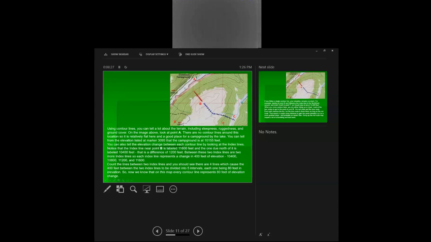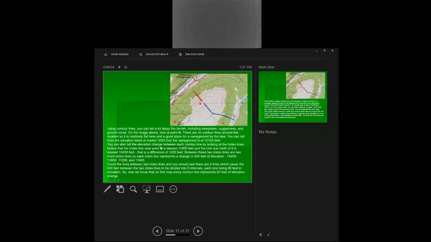Here are some different colors, but here's your lines of longitude. Right there, this is a line of latitude. All of these different points have the elevation marked on them. This is a contour line right here that is 10,400 feet. They're fairly close together, so that tells us that's a fairly steep area.